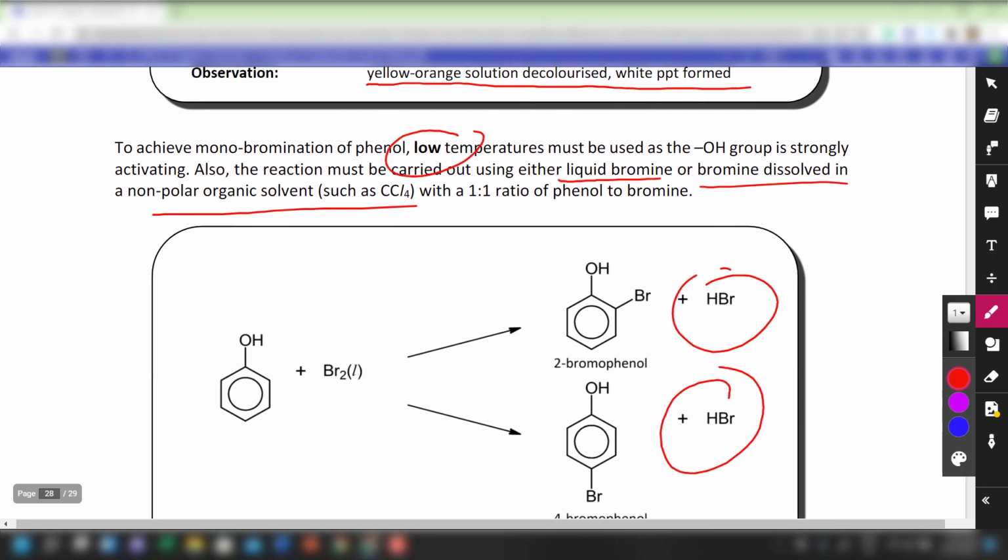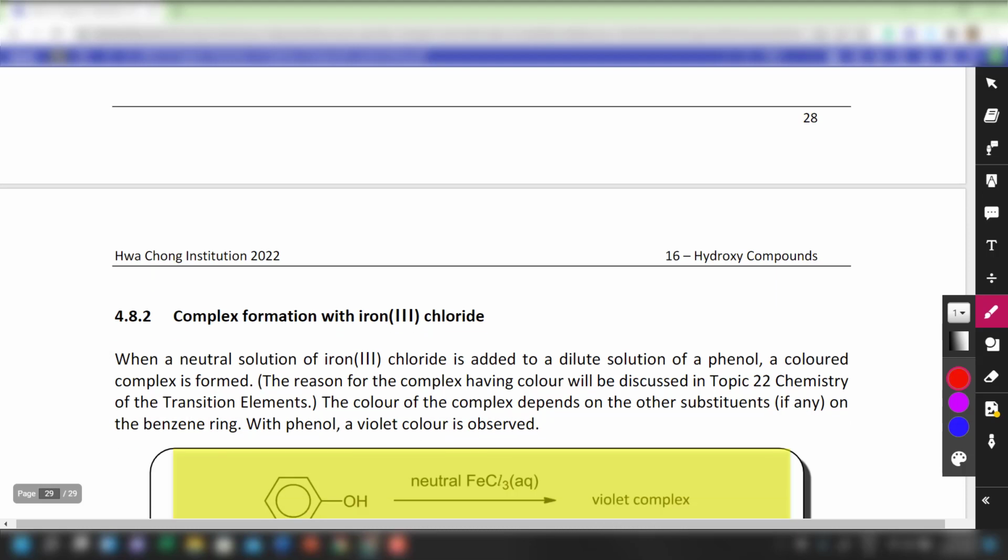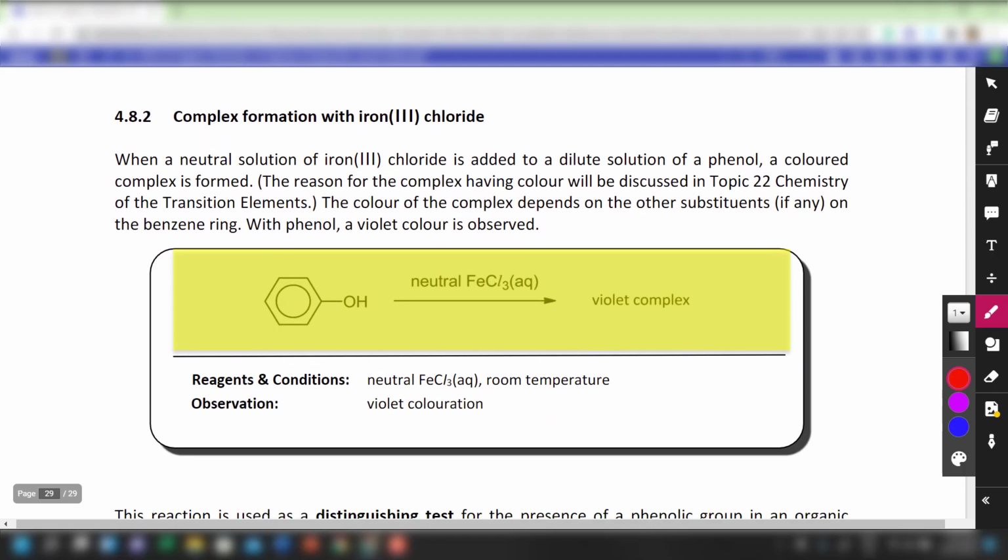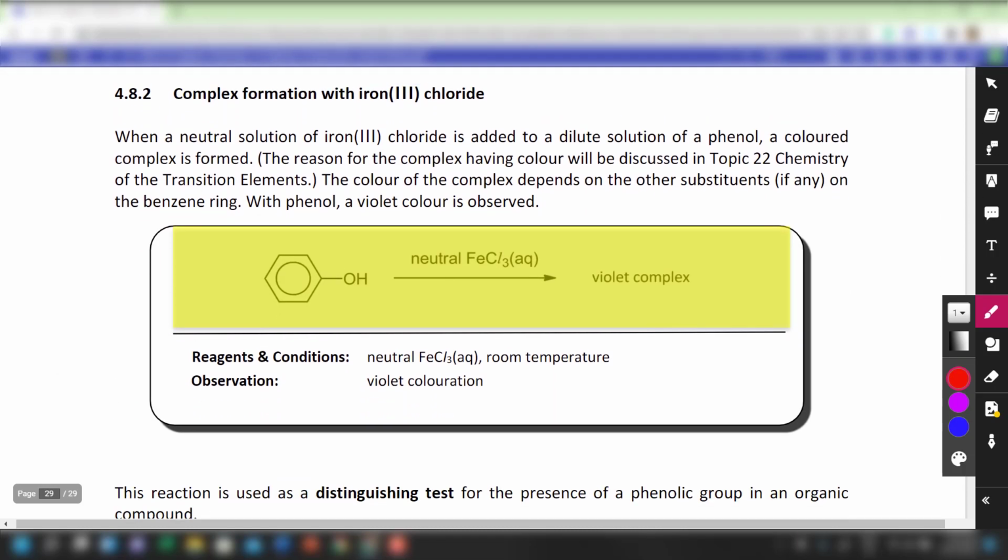And then the last bit of it, a very famous distinguishing test for phenol, is to add neutral iron 3 chloride. I think this portion also needs to be corrected, so on your notes, this highlighted portion which I mentioned, you probably want to correct the typos. Remember we are using neutral iron 3 chloride, so we'll observe purple coloration.